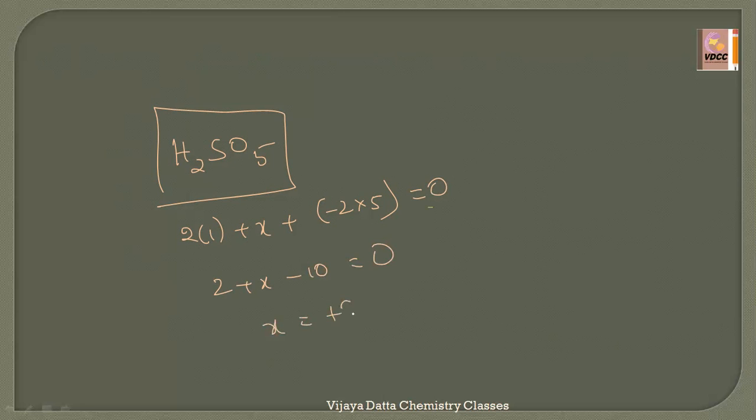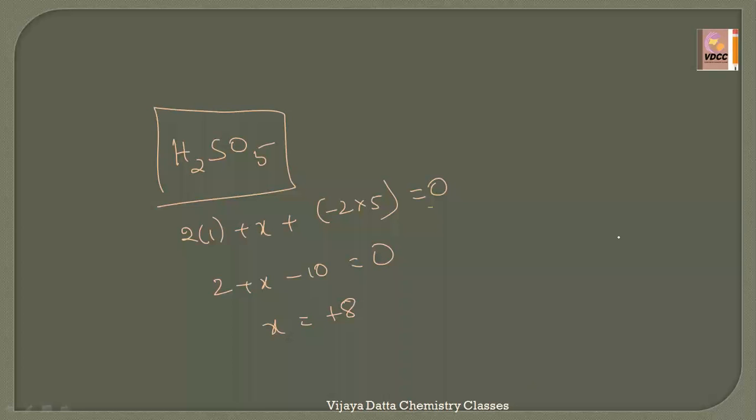Then x equals +8. But you don't know the H2SO5 structure, then do one thing. What is the highest oxidation state that can be shown by sulfur? +6 only, no? So you blindly go for the +6 oxidation state. You can fix that without knowing the structure.